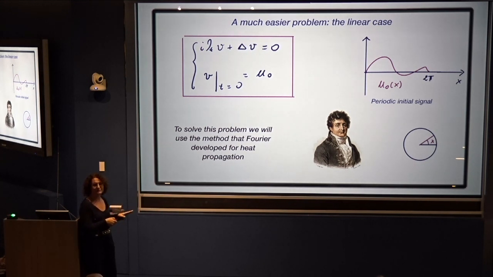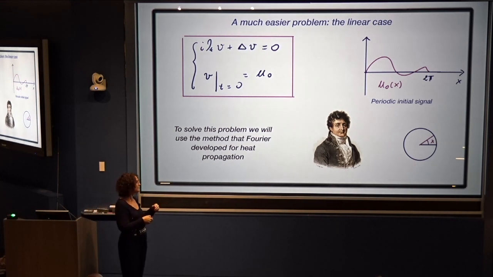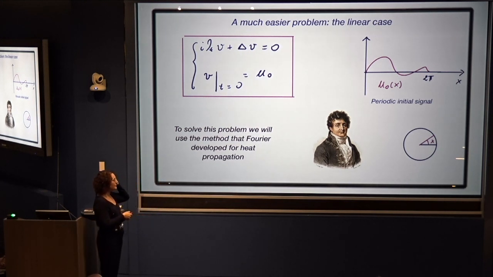And I'm putting myself in one dimension first. Later on, I'm going to tell you how I can go to higher dimension. But let's start easy. So periodic means that either I'm going to look at u(x), where x is an angle that will rotate from 0 to 2 pi down here, or you can also represent it as its graph that gets repeated. So whatever happened from 0 to 2 pi is going to happen also from 2 pi to 4 pi and so on.